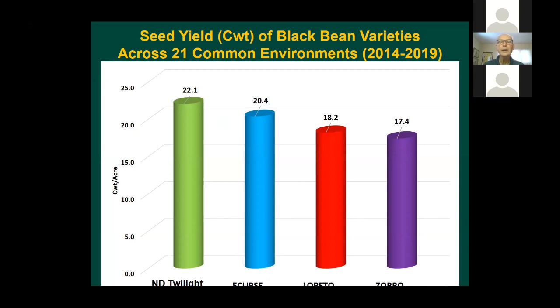So if we compare the new bean, the North Dakota Twilight, with some of the other varieties over a longer period from 2014 to 19, we see that it out-yielded Eclipse slightly, and it is a very nice looking bean, as you saw.